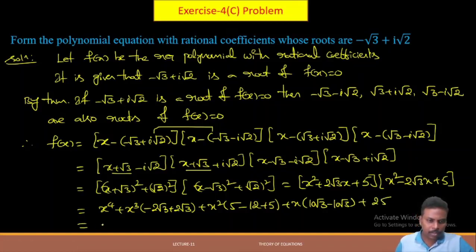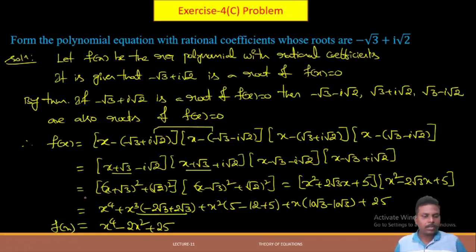So that is equal to x to the power 4, this is anyway 0, so 5 plus 5 is 10, 10 minus 12 is minus 2, so this is minus 2x square plus 25. So this is our required polynomial with the rational coefficients.